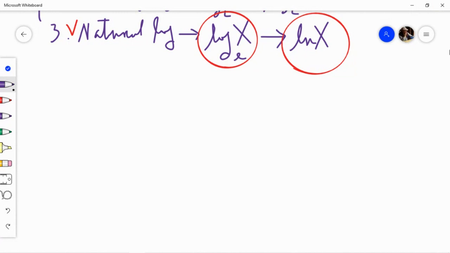Euler's number is named after Euler, the famous mathematician. There are two German mathematicians that made a great impact on modern mathematics: one is Euler and the other one is Gauss.